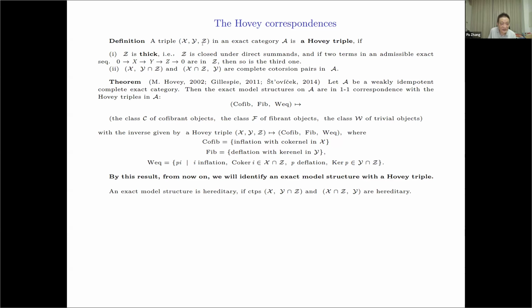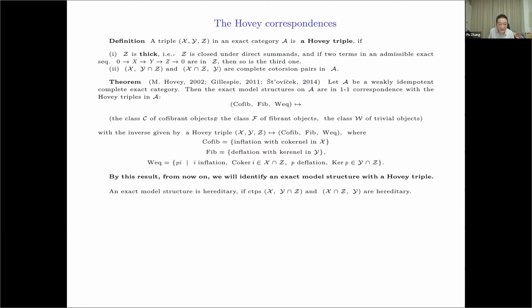That is, (X intersect Z, Y) is a complete cotorsion pair, and also (X, Y intersect Z) is also a complete cotorsion pair. This is by definition the Hovey triple.